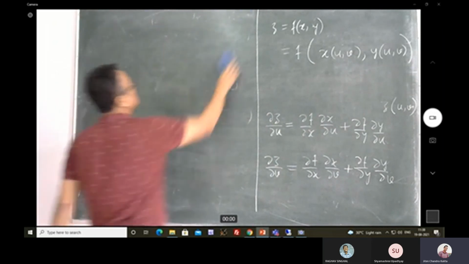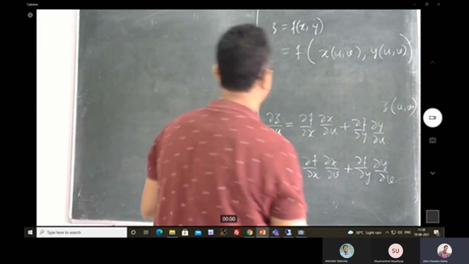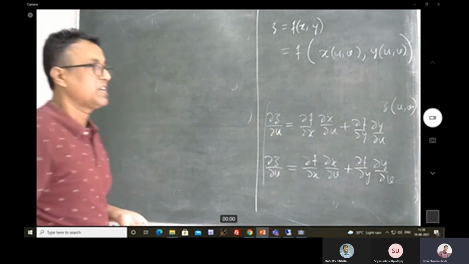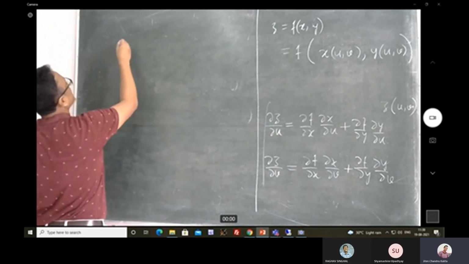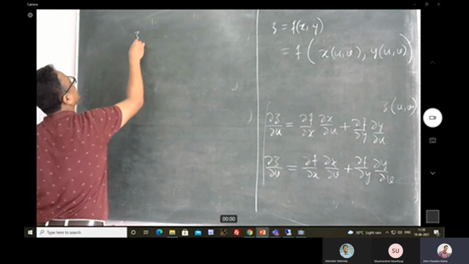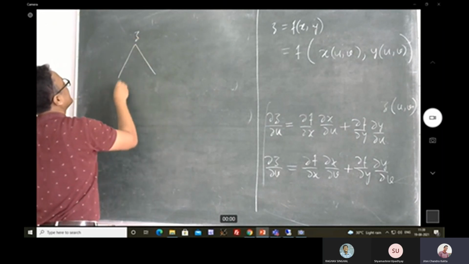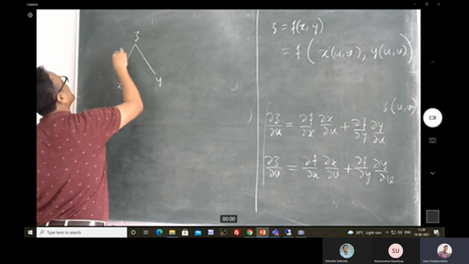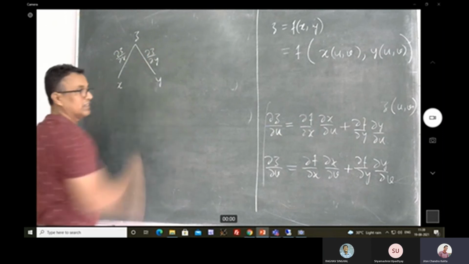Now let us consider the general situation, and of course, we can illustrate it through a tree. What is happening here? Obviously z is a function of two variables, x and y, so I can have del z/del x and del z/del y.